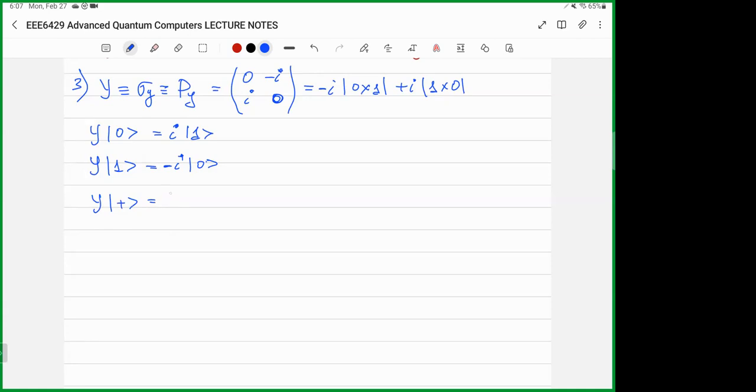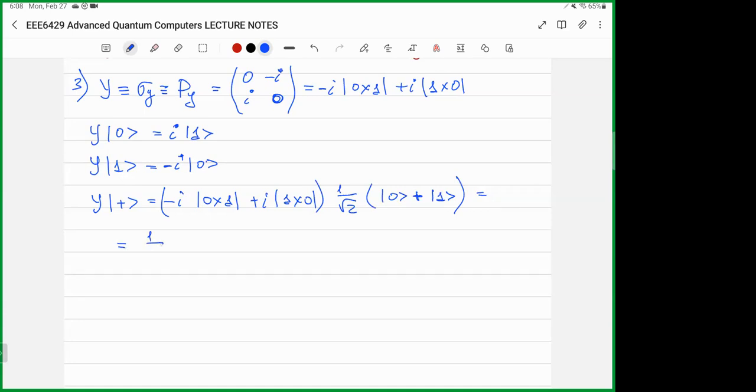So it will be minus I 0 1 plus I 1 0, the gate, and then the state 1 over square root of 2, the 0 state and the state 1 superposition.